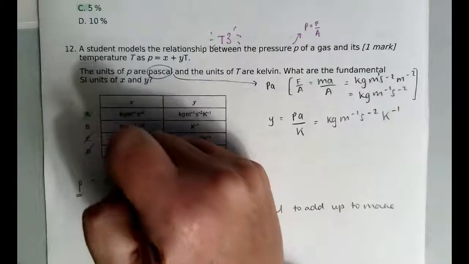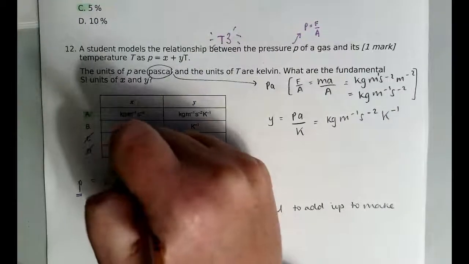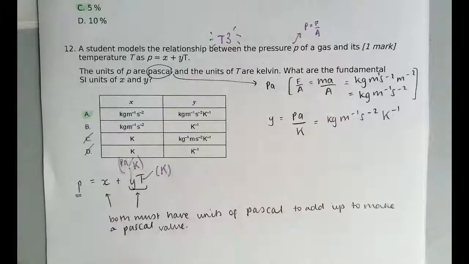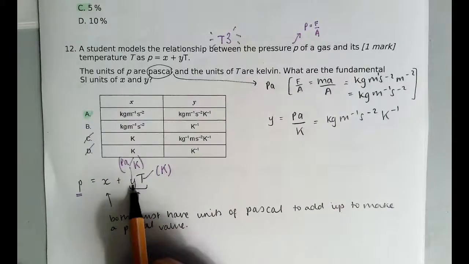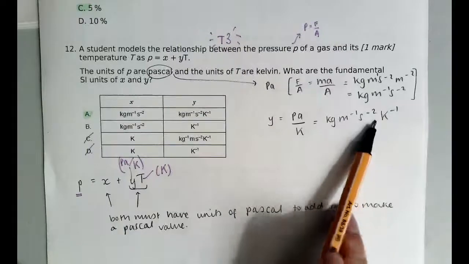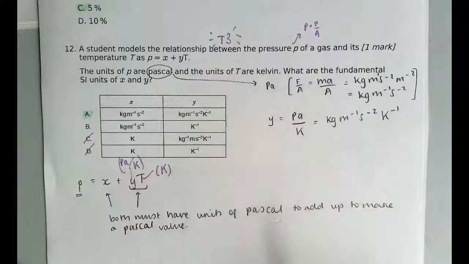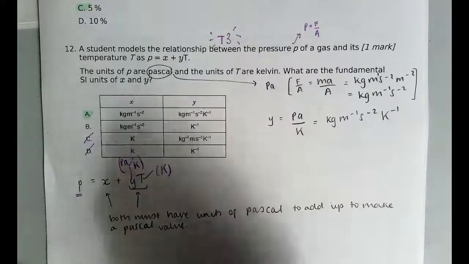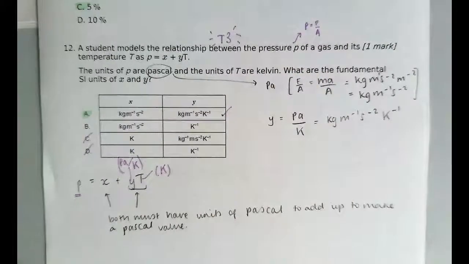So I'm saying Y must be a Pascal per Kelvin, so that when I multiply these two things, I end up with a Pascal value. So all I'm going to do is put a Kelvin to the -1 at the end of it. And that's what gives me answer A.